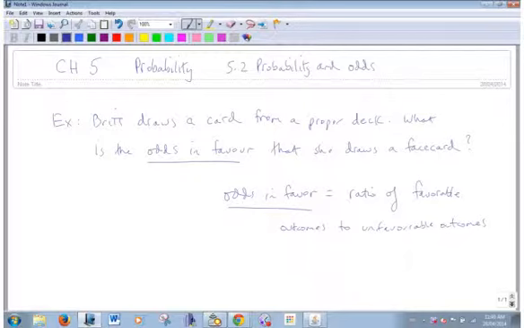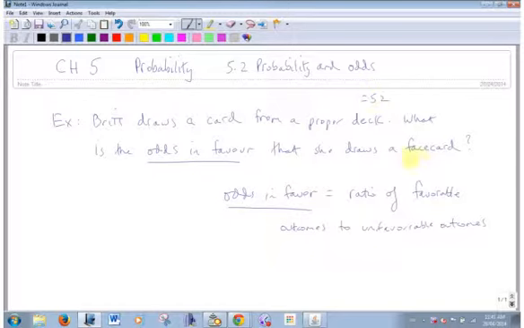Okay, if I got 6 marbles in my pocket, well, that's my choices. Either I pull out one of those 6 marbles. Which ones are favorable? The blue ones. If the other ones aren't blue, those are the unfavorable ones. But there's 6 marbles. They all got to add up to 6. Okay? How many cards in a deck? Proper deck? 52, right?